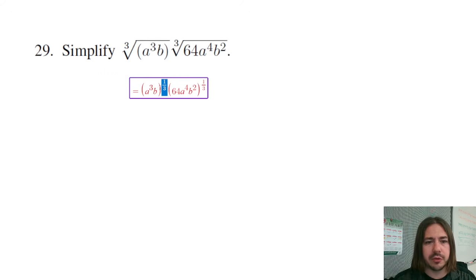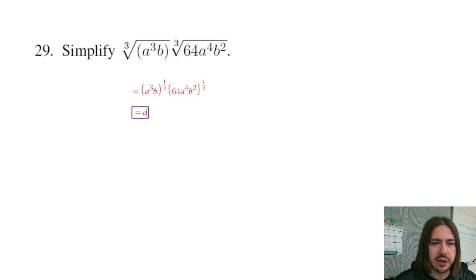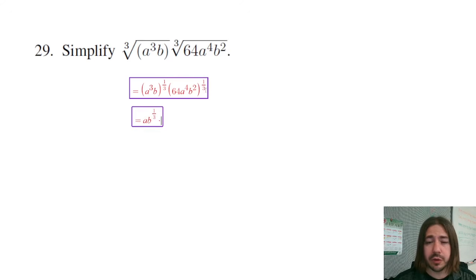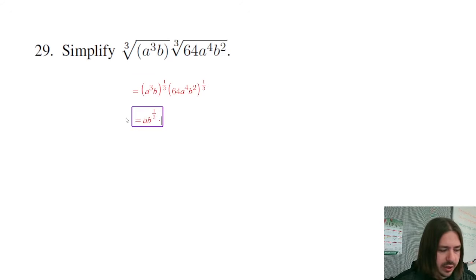So first I'm going to multiply my powers. Anytime I raise a power to a power, I multiply those powers. So 1/3 times 3 is just 1, so we're just left with a, and then we have b to the 1/3. Next we have 64 to the 1/3. The cube root of 64 is 4, and then a to the power of 4 times 1/3 is 4/3. And then b to the power of 2 times 1/3 is 2/3.